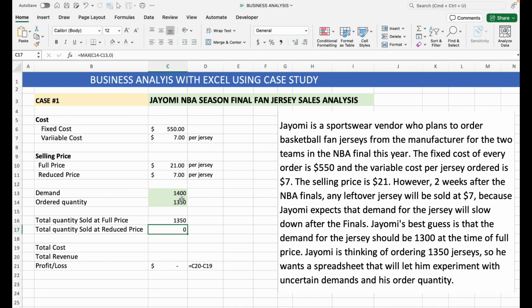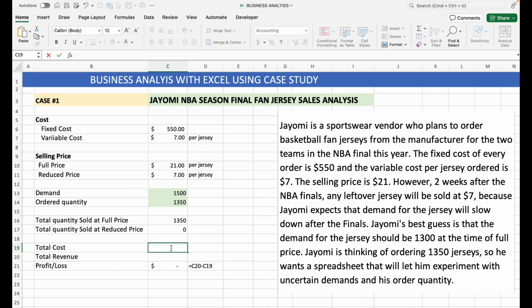So if I change this to 1,300, you can see, if I pick 1,500, anytime the difference between these two tends to the negative, 0 will be here. So anytime it's positive, it will pick the positive value. So let's calculate our total cost.